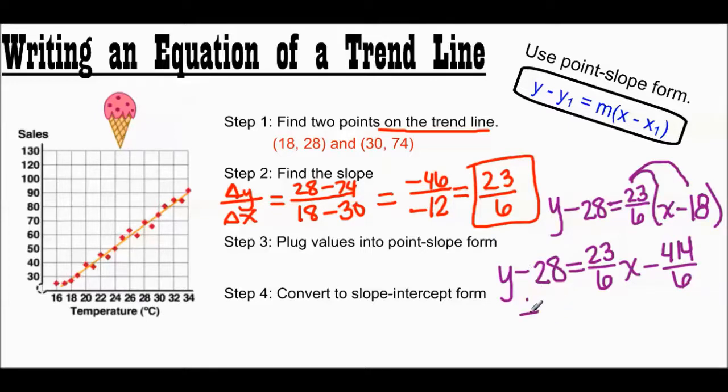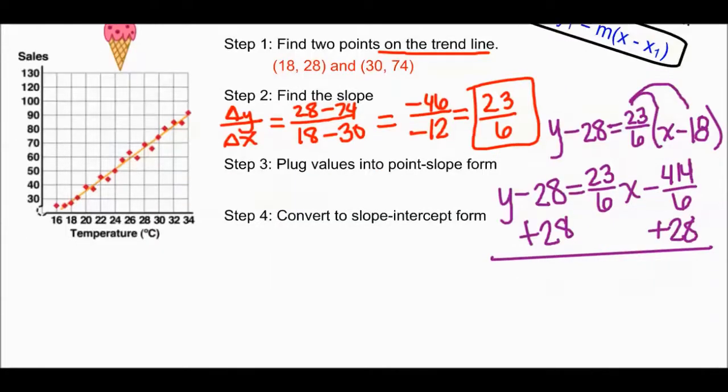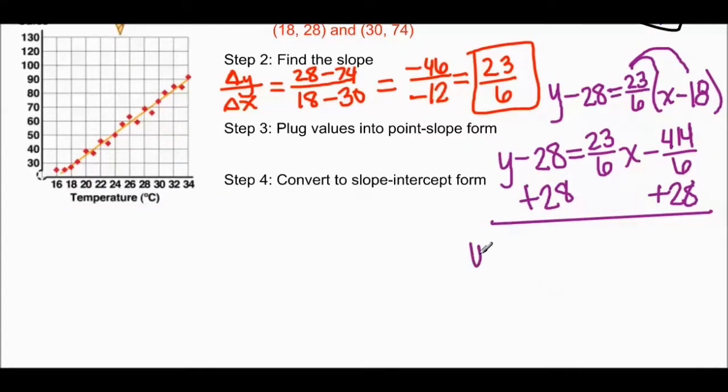Then we're ready to isolate y. We're going to add 28 to both sides. So we have y equals 23 over 6x. And let's see, that 414 over 6. 414 divided by 6 is an even 69.